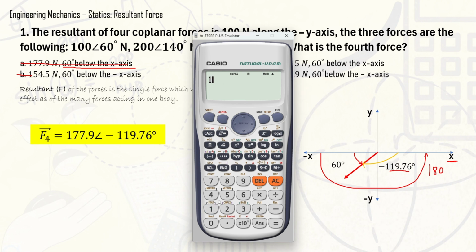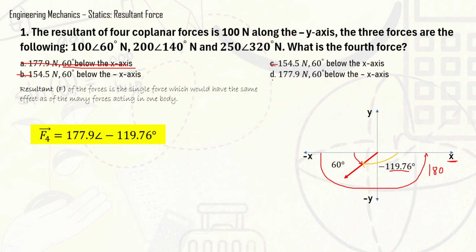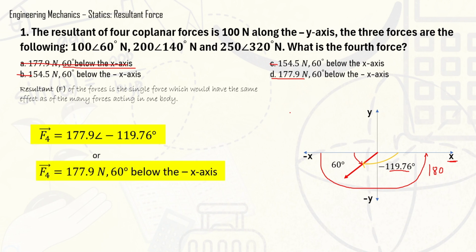That will be 180 minus 119.76 equals 60.24, and it's approximately 60 degrees. So, meaning, tama yung sagot natin na letter D. It's 60 degrees below the negative x-axis. So, ang tamang sagot dyan is letter D.